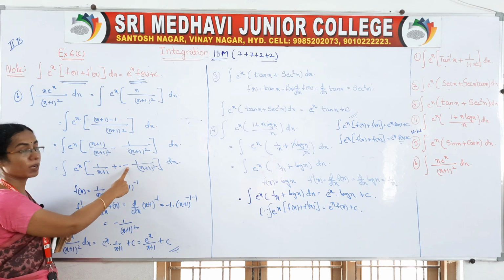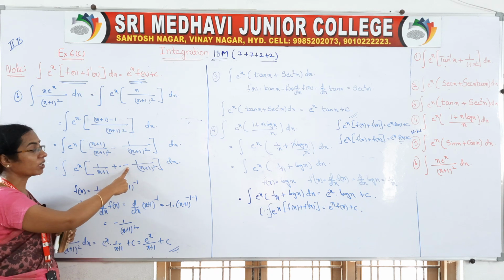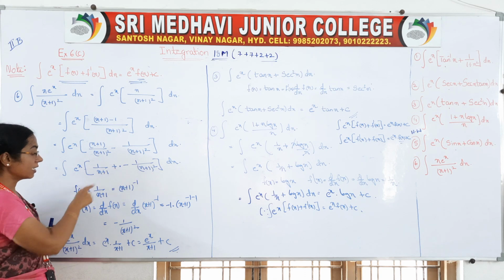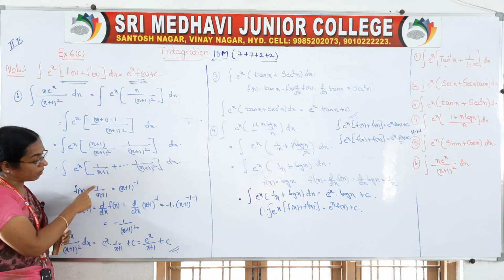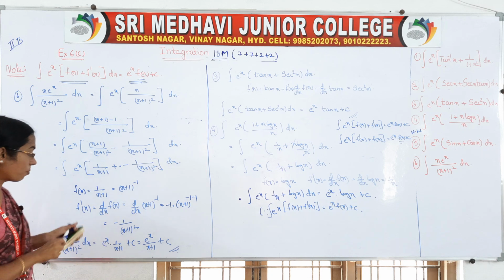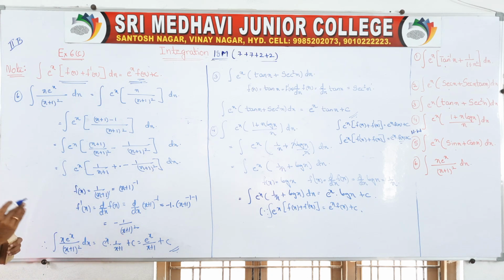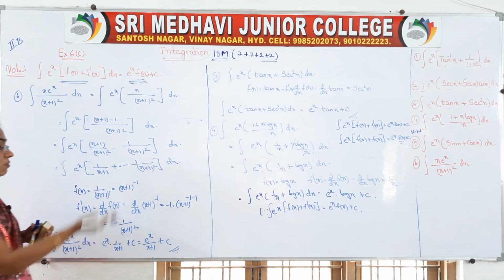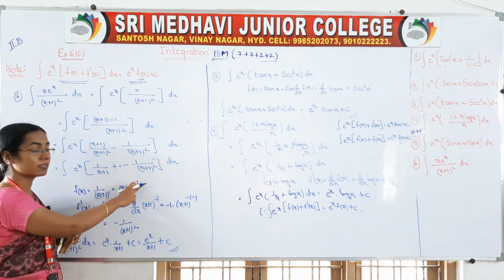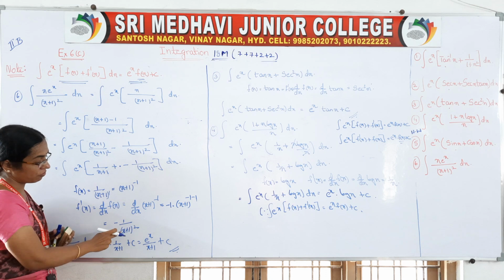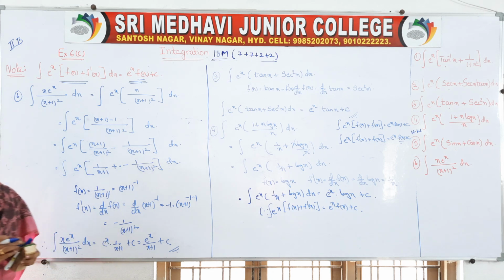So I have taken this as f of x, so 1 by (x plus 1). If the power is not there, we can write its power as 1. 1 by, with downward power 1, if we send it upwards it will be minus. So differentiate it. If you differentiate, we will get this answer.